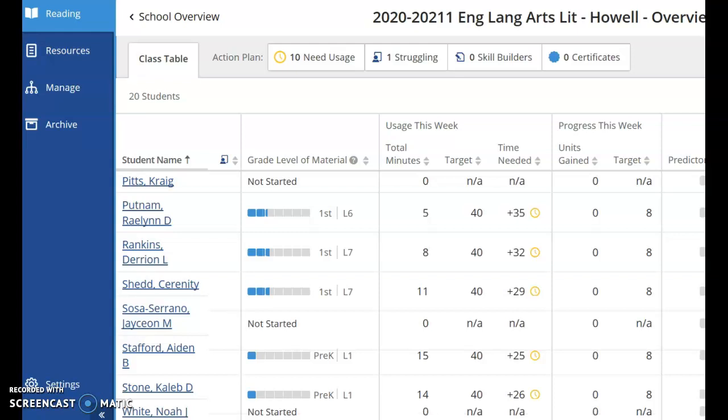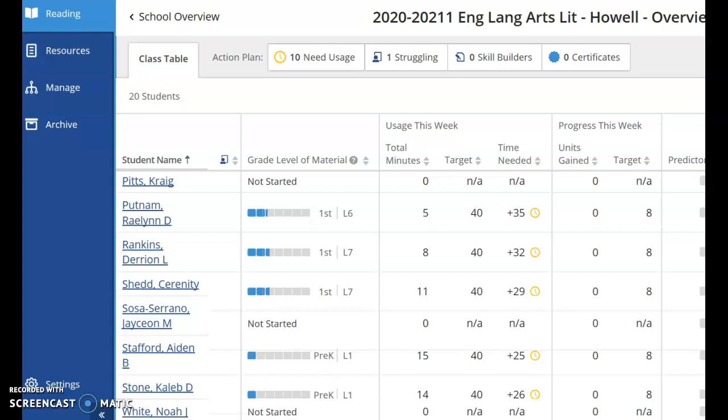So for our students, because we have intervention and we may have some small group during core time, we want to make sure that we are not overusing My Lexia, and the students will get bored with it if we do overuse it. So we want to use the lessons in My Lexia for small group, and then use the online time as needed throughout the week until they reach their target.